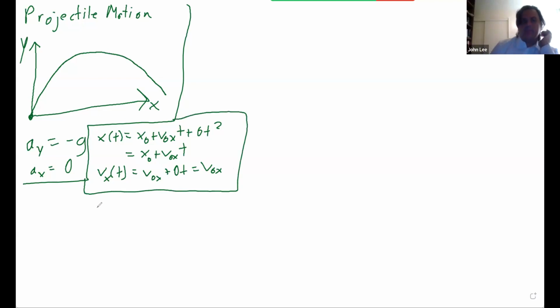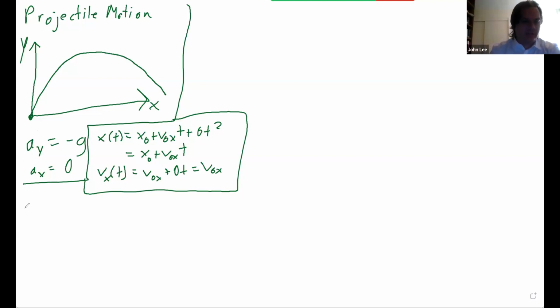That's our equations in the x direction. You can also get the other two kinematics equations by just looking at them: delta v squared equals 2a delta x is also going to give you 0 equals 0, and x of t equals x naught plus v average t gives you the same thing as v naught x t, because v average equals v final equals v naught x.